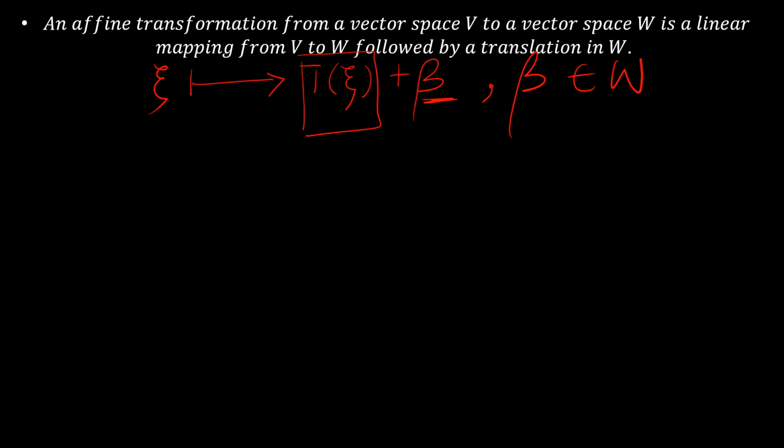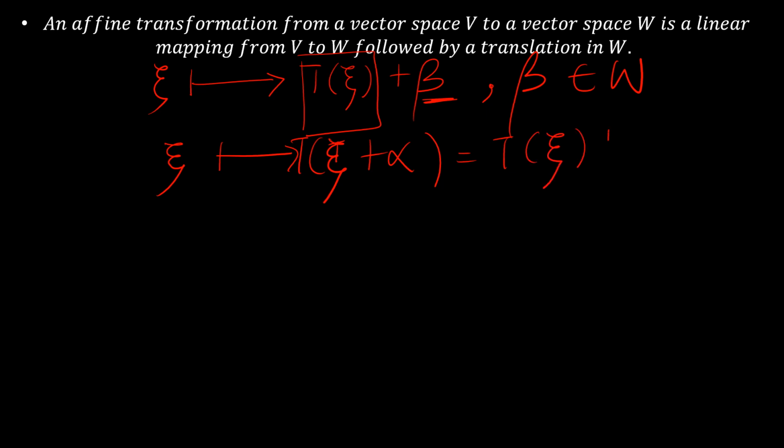one thing we could also maybe look at is, if we have this transform, T chi plus alpha, this is equal to T, because we're looking at a linear mapping. This translation is also an affine transformation.